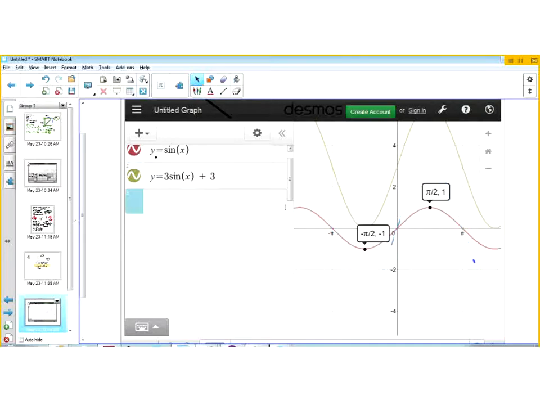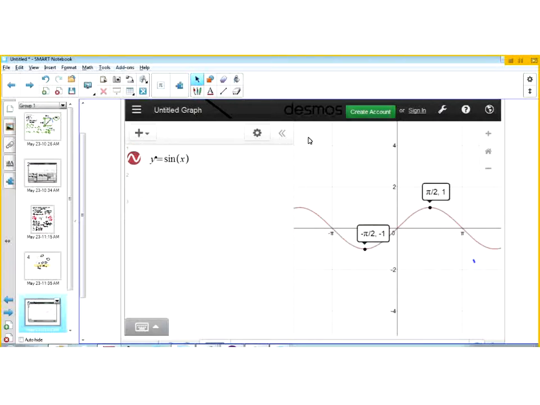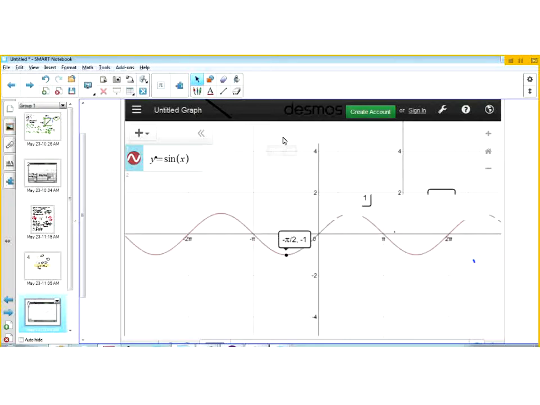All right, so let me take away this. Okay, so, let's zoom out. I think we may have done this. I'm not sure. All right, so the red curve is the sine function. Now, if we were to take the absolute value of this red curve, the sine function, absolute value means that we can have nothing below the t-axis.